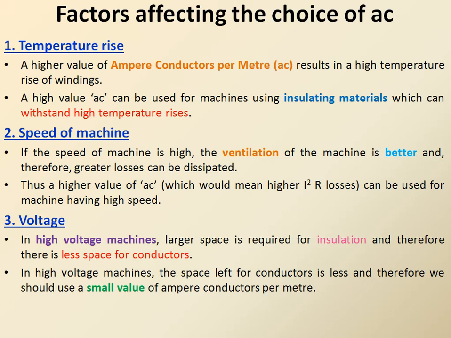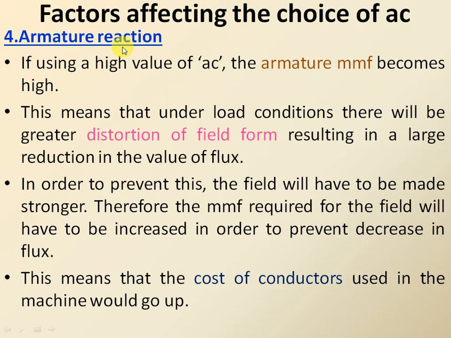So for a large voltage rated machine, only a very few number of conductors can be accommodated in the slot. So due to this, in the case of a large voltage rated machine, the value of AC to be chosen must be small.